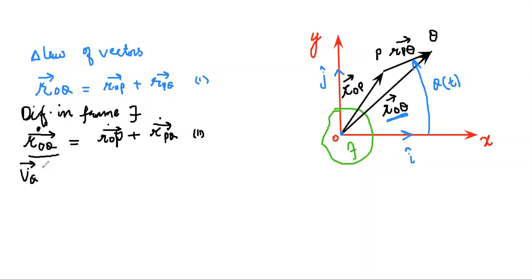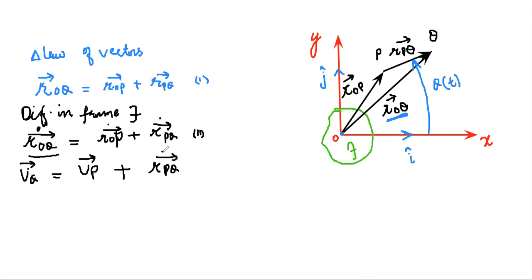It will be equal to, the derivative of ROP vector with respect to differentiation in the ground frame of reference will give us the velocity of point P, and this velocity of point P is measured by the observer in the ground frame of reference, plus the derivative of RPQ vector.